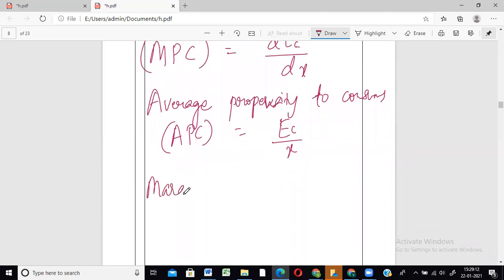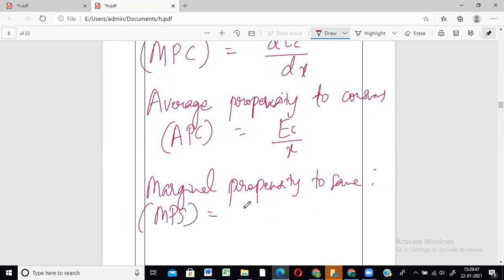The next one will be marginal propensity to save. Now, if there's something that you were planning to spend on, but you put that into your savings, this is the opposite. Above, what was meant for saving was put to expenditure; here, what was meant for spending you are putting into your savings. That is called marginal propensity to save. This is MPS.